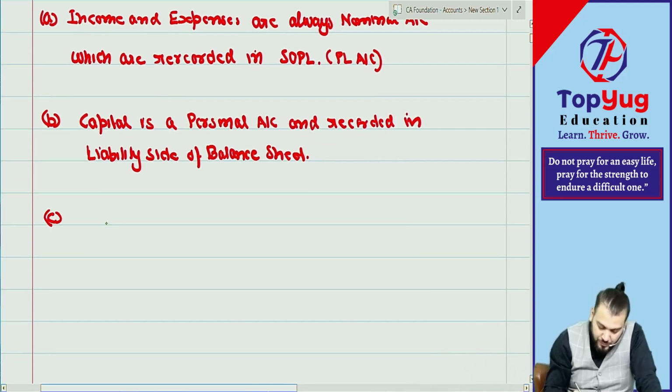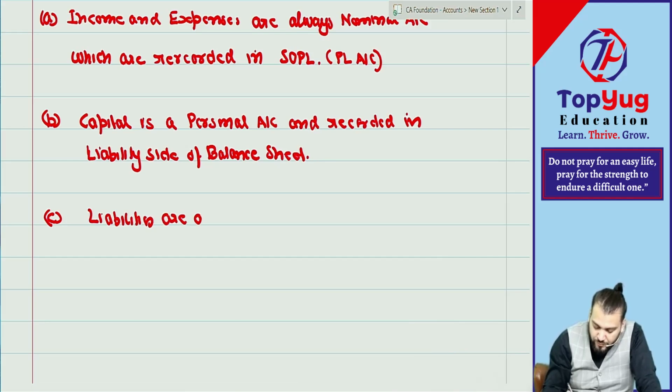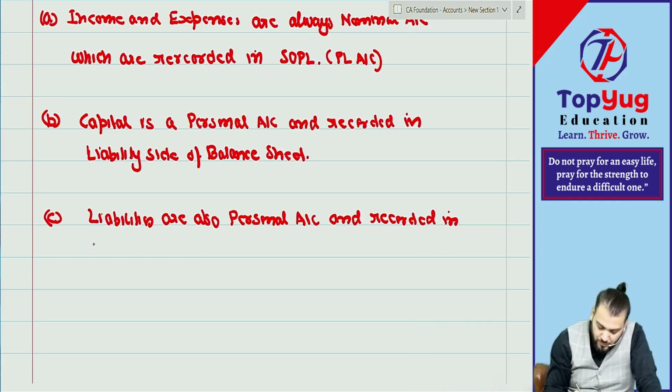Point number C. Liabilities are also personal accounts and recorded in the liability side of the balance sheet.